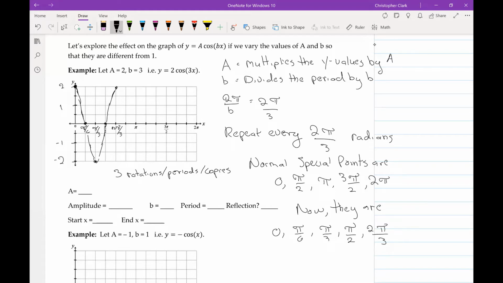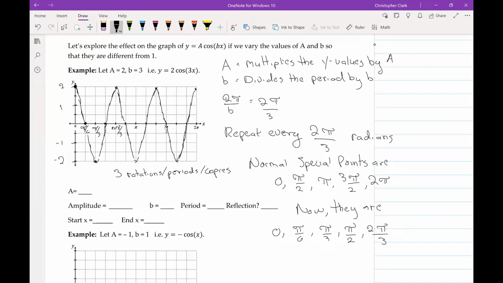It is pretty skinny. And if we were to keep going, we'd end up with something that looks like this. And you end up with 3 full cycles, or periods, or rotations in this. The reason is that we're repeating every 2 pi over 3, and you can fit 3 2 pi over 3s in a length of 2 pi.